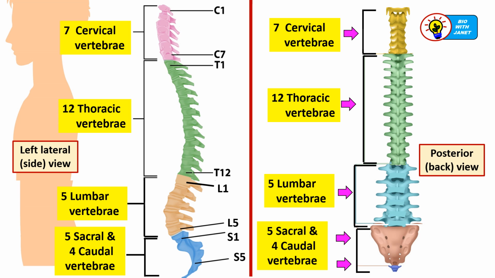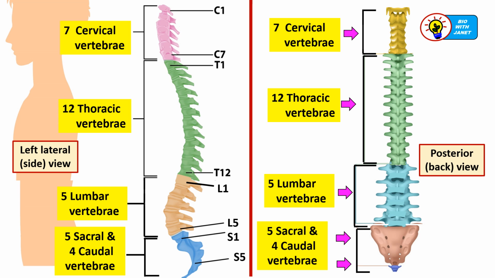Next, we have the lumbar vertebrae. We can consider them to be L size, lumbar, L size, because each one has a bigger centrum to support the weight of the upper part of the body, which is more compared to the support that is needed for the skull, right?